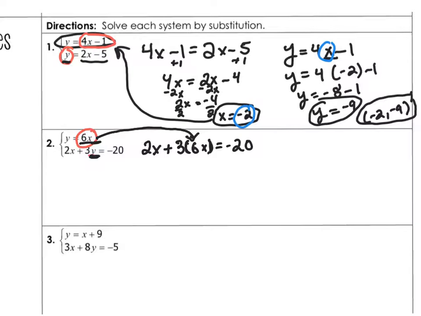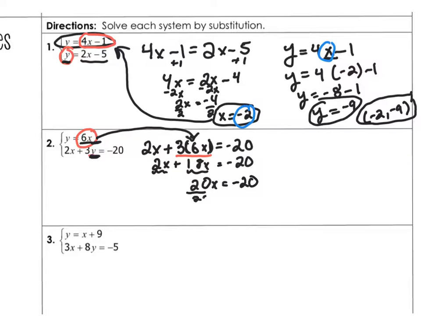Now we're going to solve for x. We get 2x, and then 3 times 6x, which is 18x, is equal to negative 20. Combine like terms, we get 20x is equal to negative 20.